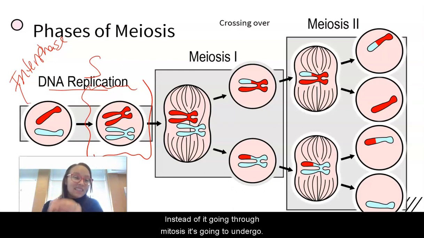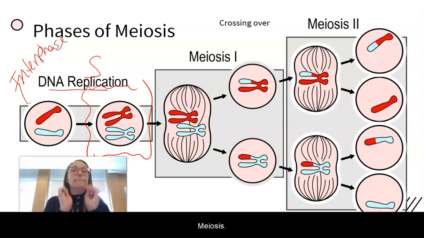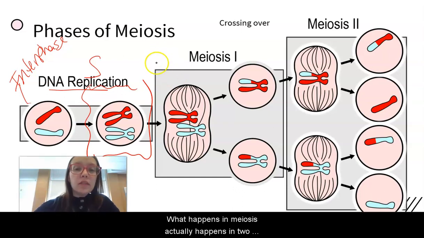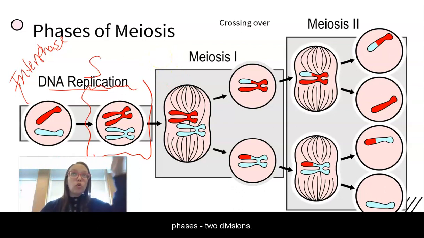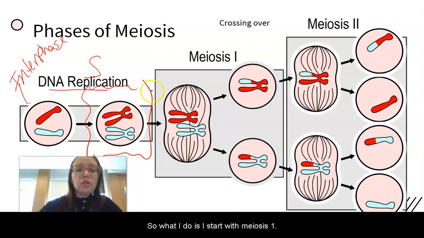Well, instead of it going through mitosis, it's going to undergo meiosis. So what happens is meiosis actually happens in 2 phases, 2 divisions. So what I do is I start with meiosis 1.